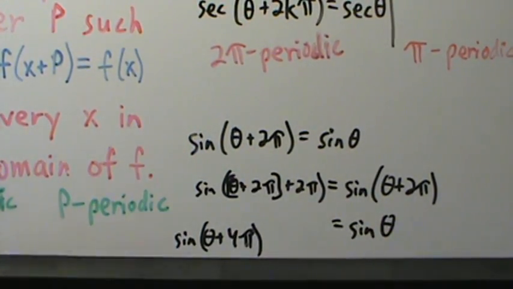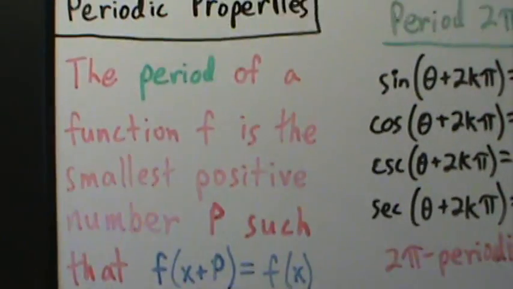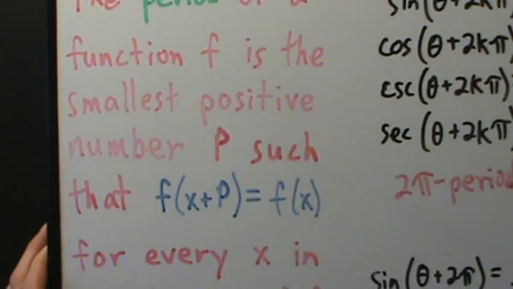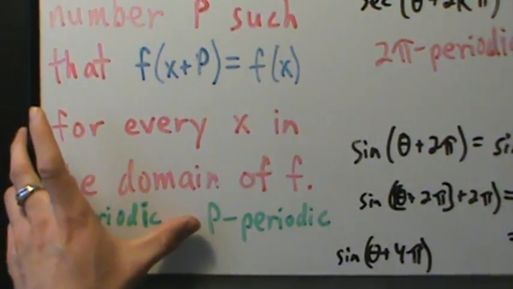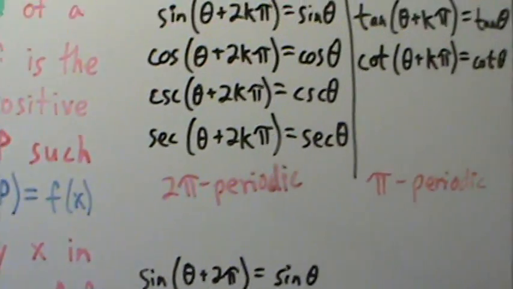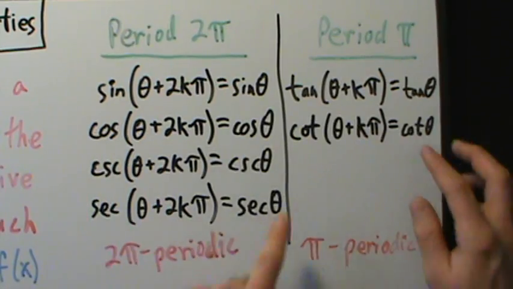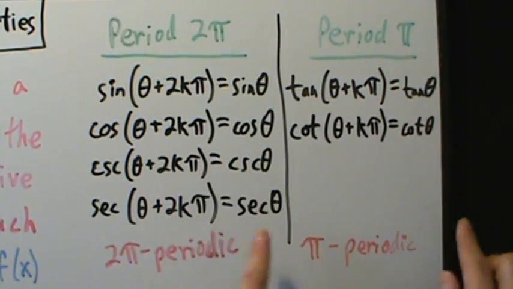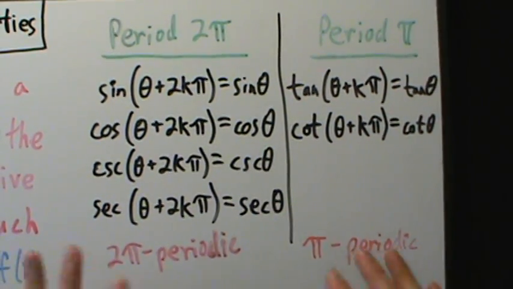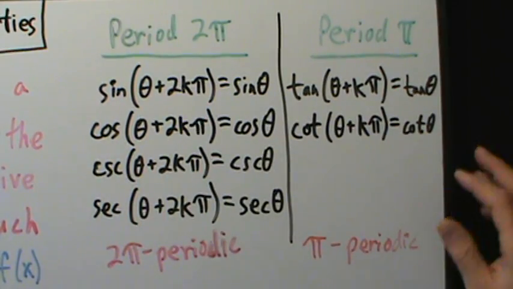Okay, so I just want to point out these subtle details with the definition there. So anyway, there's the definition of a periodic function and what the period is. And we say it's p-periodic for the period p. So these guys have period 2 pi, they're 2 pi periodic. These two guys have period pi, so they're pi periodic. So examples of using these to evaluate trig functions in the next couple videos.